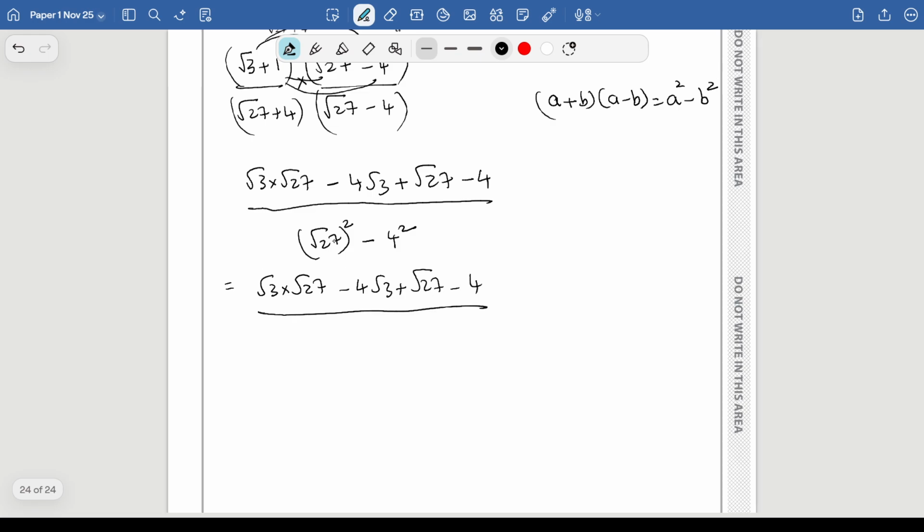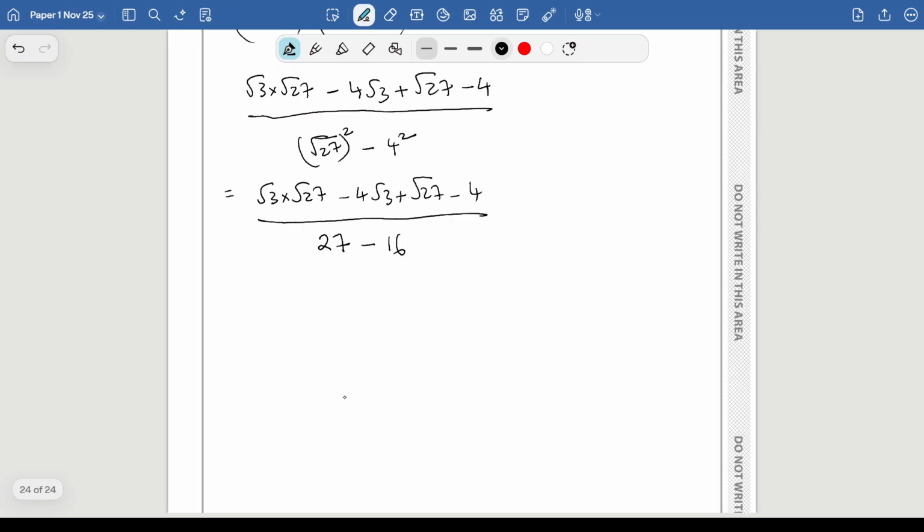I will just focus on the denominator here. Root 27 squared, the square and the square root cancel out to leave 27, minus 4 squared, which is 16. So 27 take away 16 is 11, and we have 11 in the denominator.